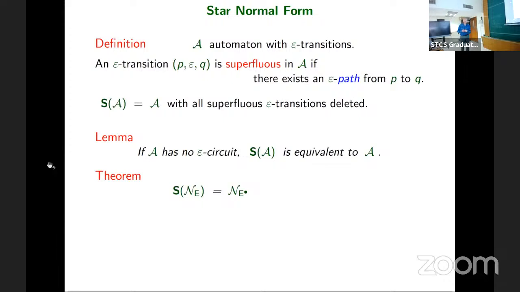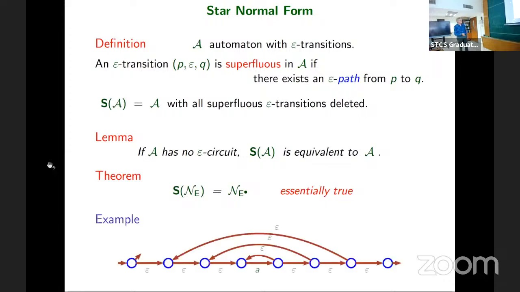Which means that, something that nobody had imagined, there is an automaton transformation, not on the expression, but on the automaton, that somehow mimics this. Well, in fact, this theorem is not exactly formal, but it's essentially so. I'll show you why I say it's essentially.